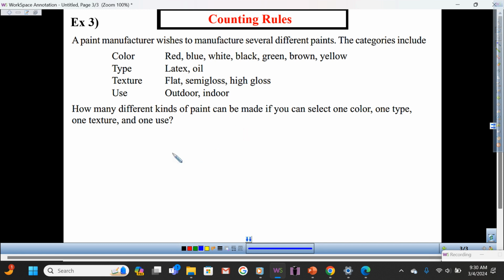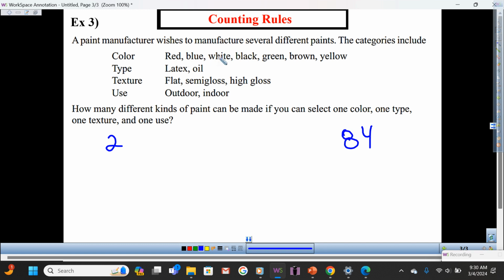Jaden, let's go. How many different kinds of paint can be made if you can select one of each of the options? What is it? 84. How'd you come up with that? So give me numbers first. Let's see. 2.